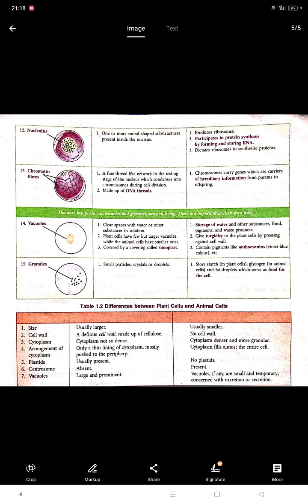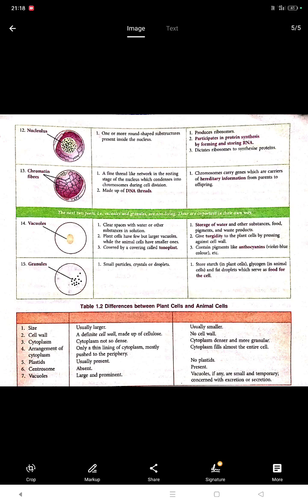The plant cells have few but larger vacuoles, covered by a covering called tonoplast. Functions: storage of water. Vacuole stores water, gives turgidity, and stores pigments like anthocyanins.